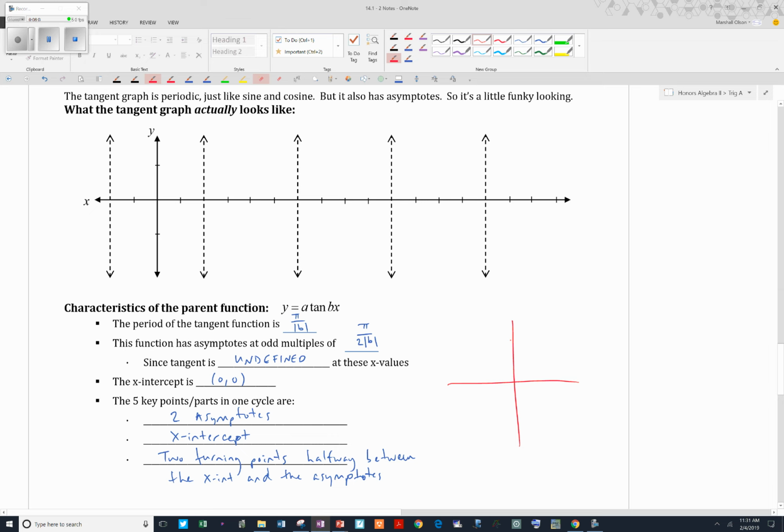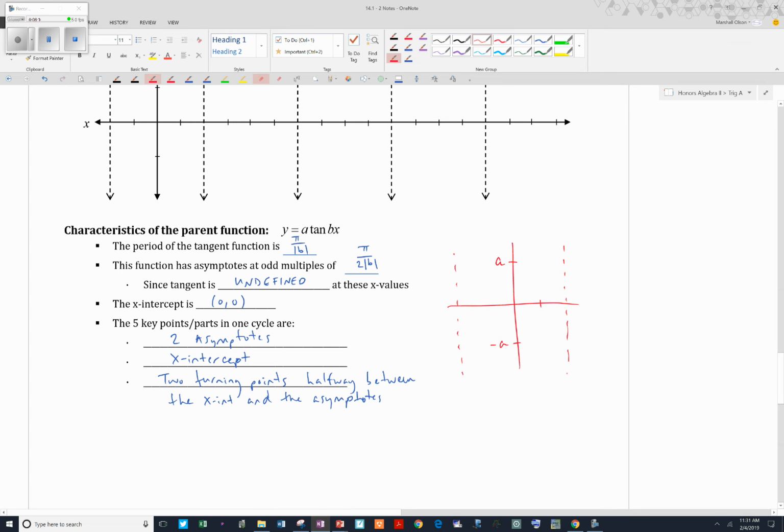We're going to have our graph get stretched out to a and negative a halfway to the asymptote. So if this is our first asymptote here and this is our other asymptote over here, then halfway to those asymptotes, we know that this is going to be pi over 2 times the absolute value of b. So this would actually be pi over 4 times the absolute value of b.